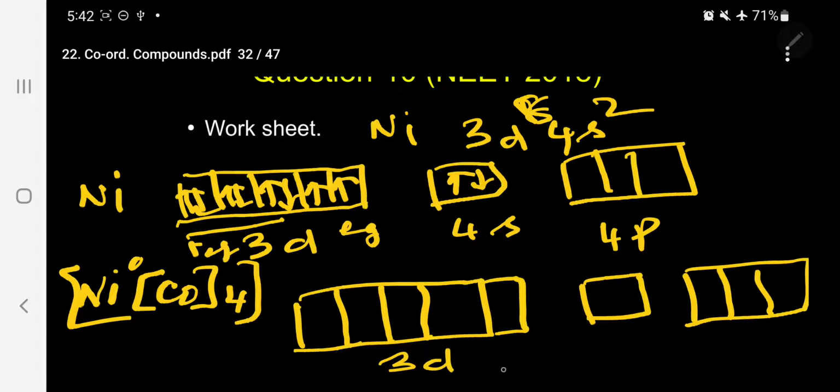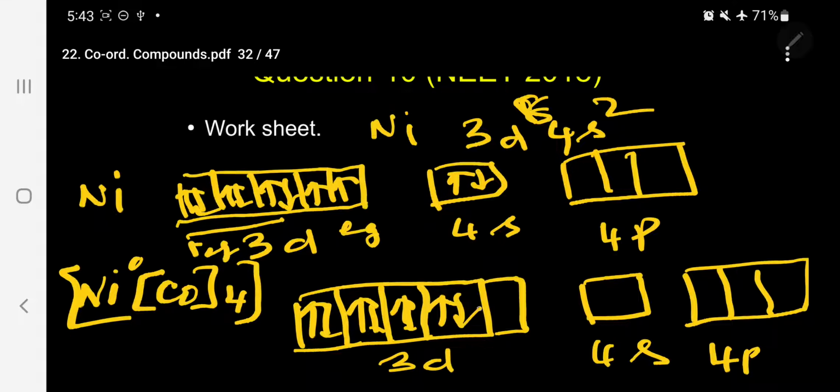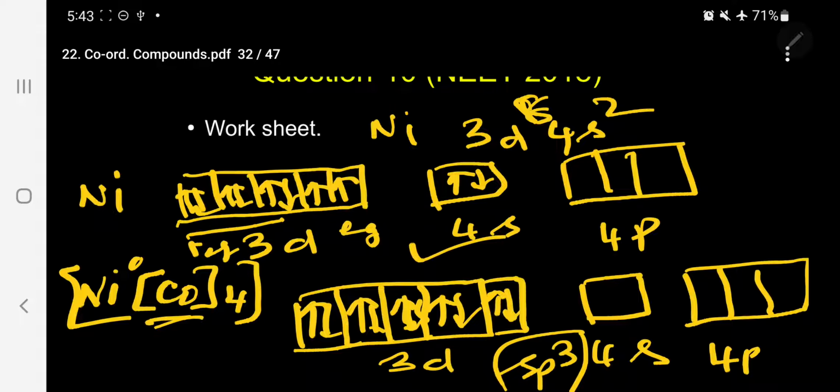So this is 3d, 4s, 4p. The strong ligand pushes the 4s electron also to go and pair. So all of this is getting paired. So what is happening now? Remaining only 4 ligands, CO. So 4 orbitals, sp3. sp3 means, you know, tetrahedral. sp3 means tetrahedral, but there is no unpaired electron, so it is diamagnetic. The question is very, very easy.